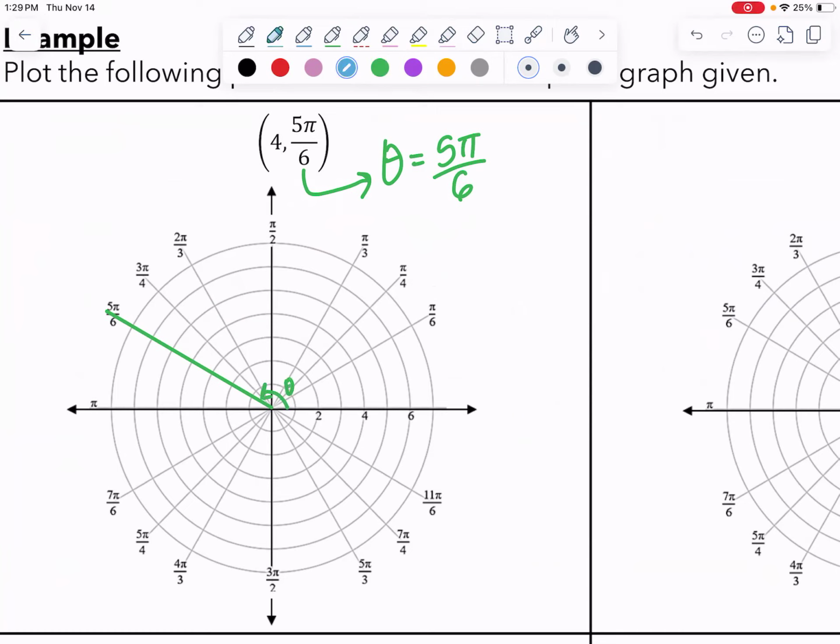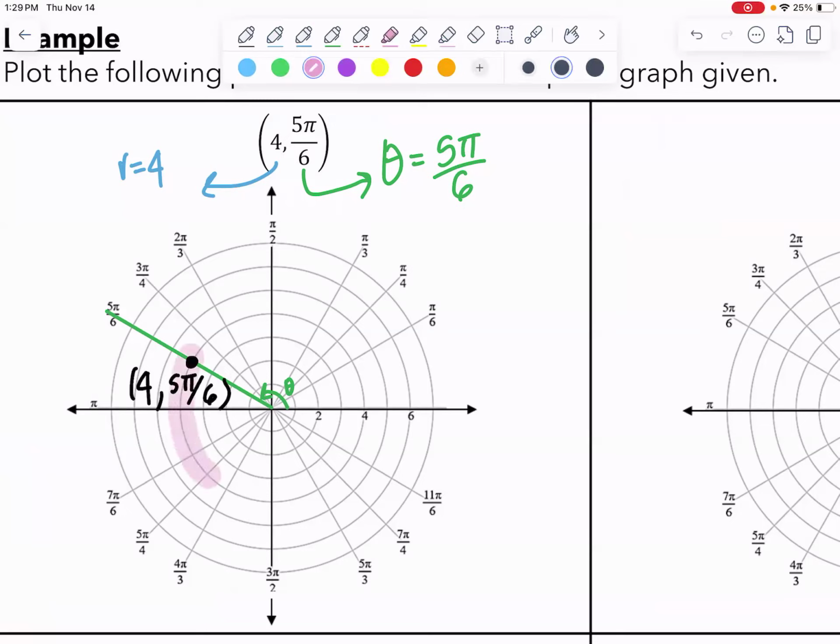And my radius is positive 4. So that means I'm moving out 4 units on the polar grid. So 1, 2, 3, 4, right here. Boom. I can label it. I won't be lazy. 4 comma 5 pi over 6.